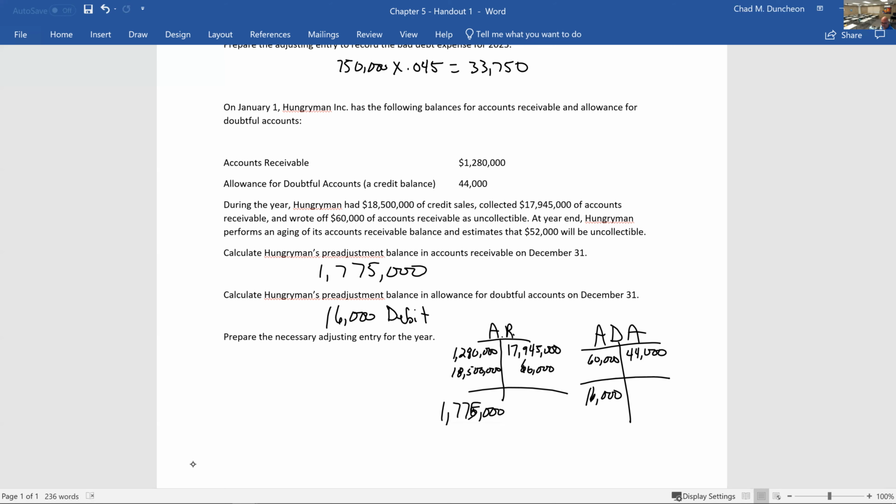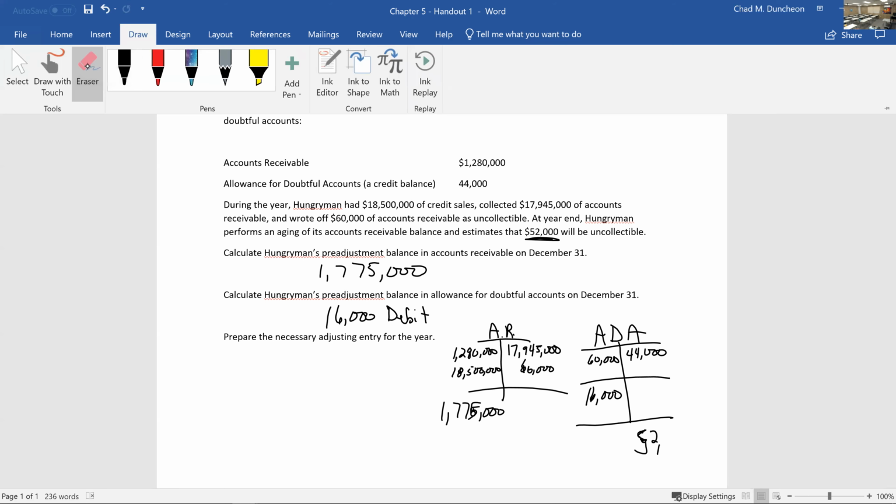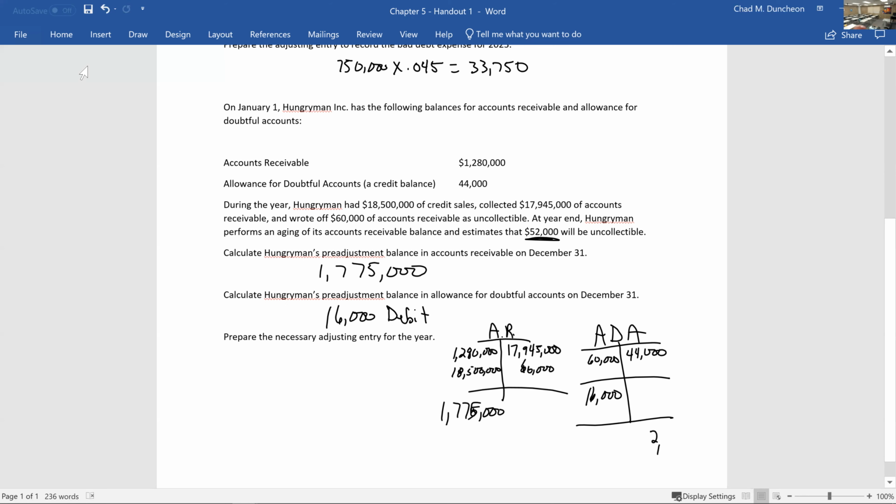All right. Now it says prepare the adjusting entry for the year. We did not have to go through an aging chart to figure out what it was going to be. Instead, it tells us we estimate 52,000 will be uncollectible. Remember that number becomes our ending balance. We need 52,000 to be the ending balance in our ADA account.